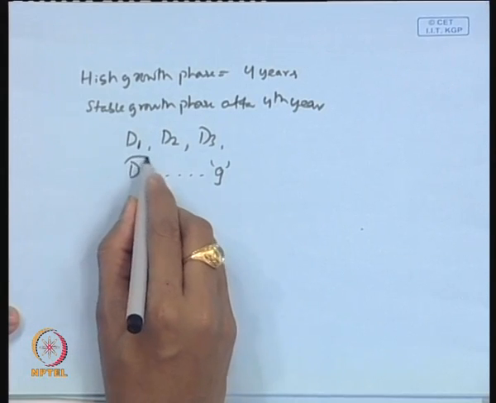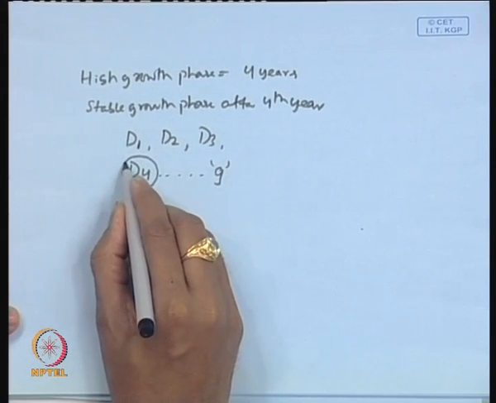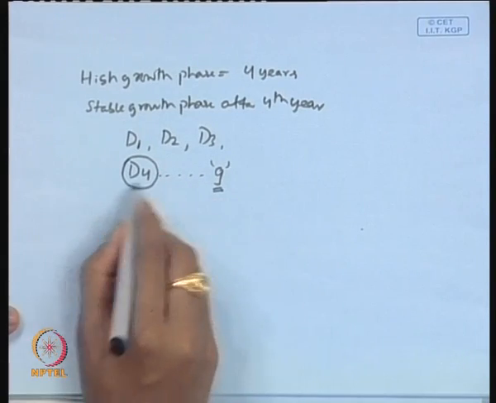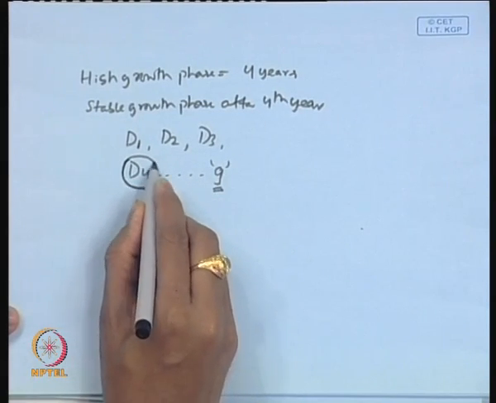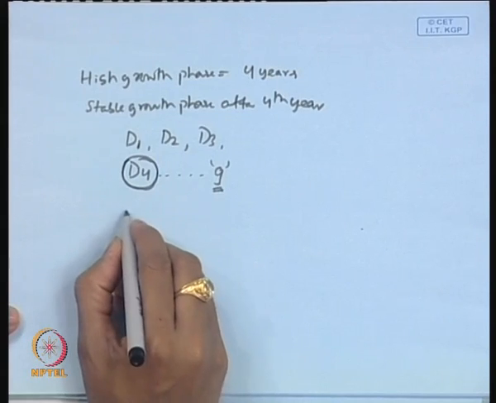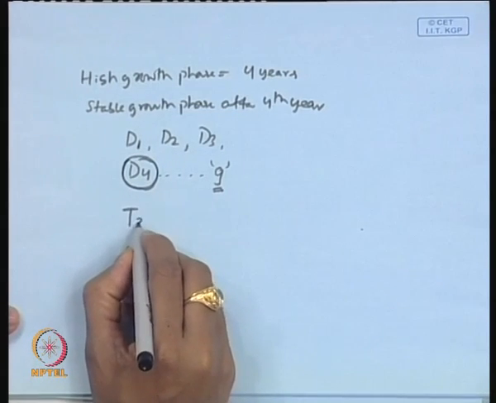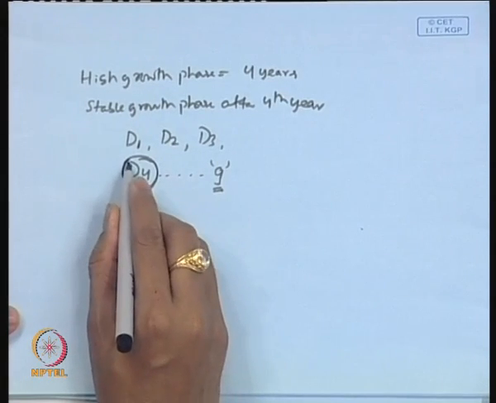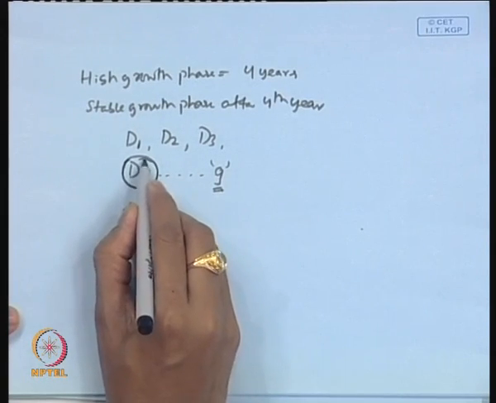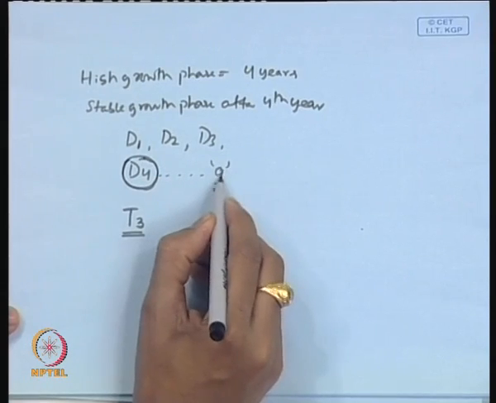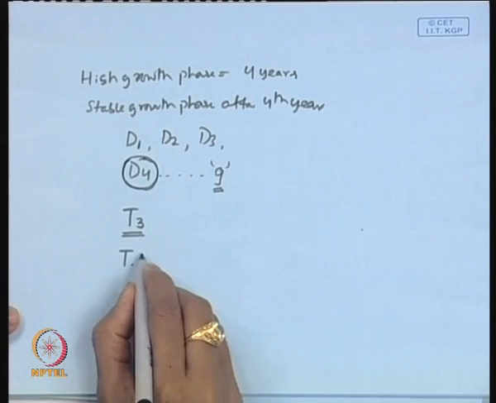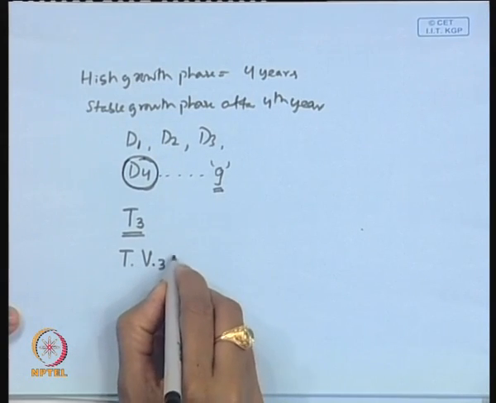So, this D4 can be used with this growth to find out the value at time T3. The value at time 3, decided based on the dividend of the 4th year and the constant growth, is known as the terminal value at the end of the 3rd year.